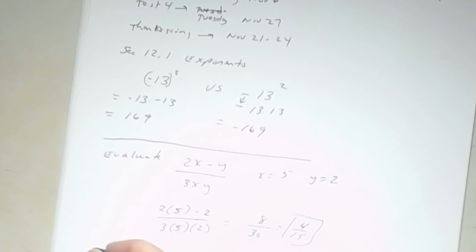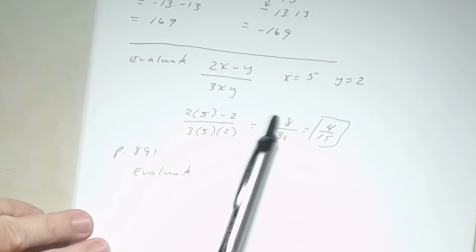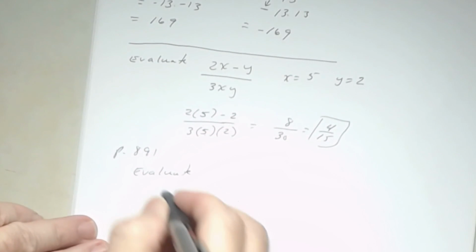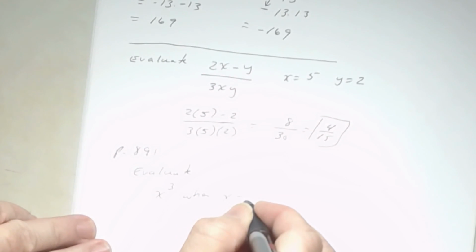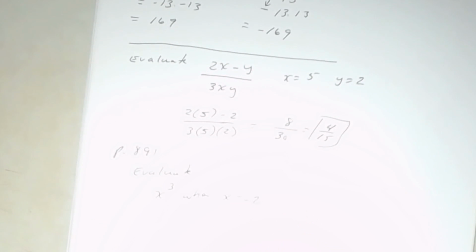So this is going to be number 14, and that's on page 891. Again, the directions will say to evaluate. It follows from something you've had before, which was on test 1 and test 2. So for number 14, you want to find what x cubed is when x equals negative 2. That's what you want to find.